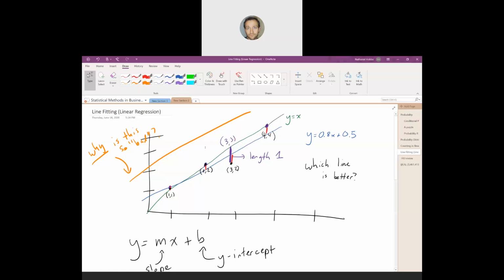And that is the high-level explanation of what makes a best fit line.